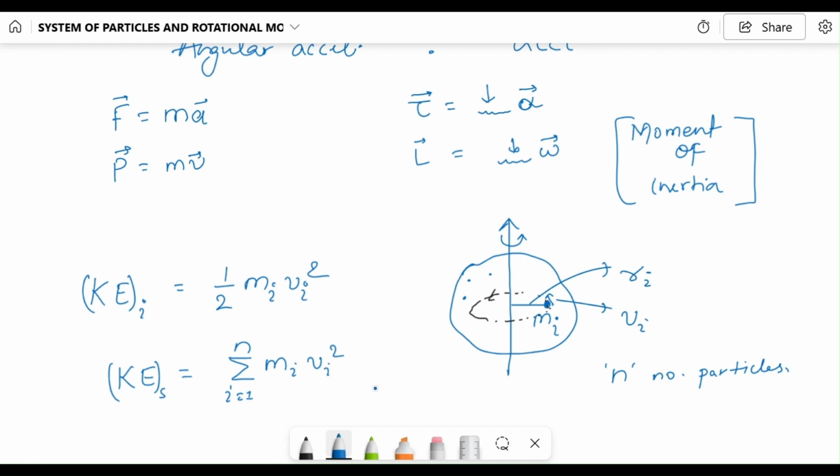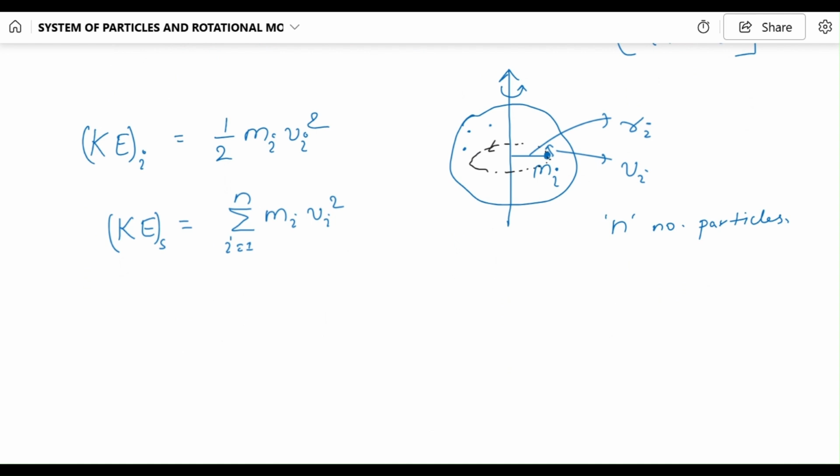Okay. Now, as we know, look, this Ri is perpendicular to v. This is Ri, and it is perpendicular to v, because this is the radius of this circular path, and velocity is always tangential. So this length will be perpendicular to v. In that case, we have the magnitude of this linear velocity as r into omega.